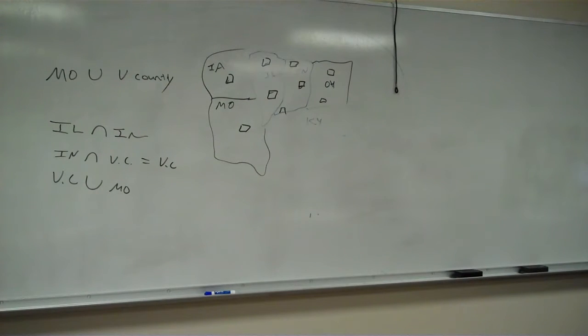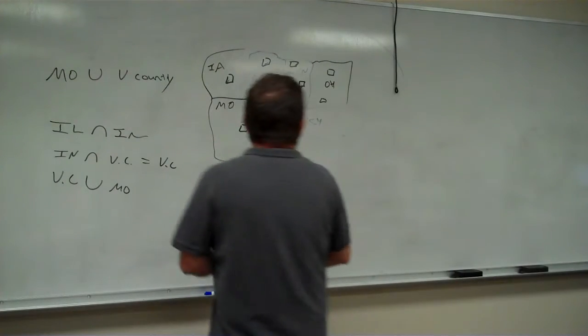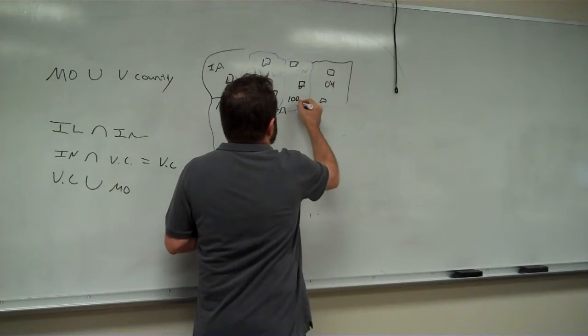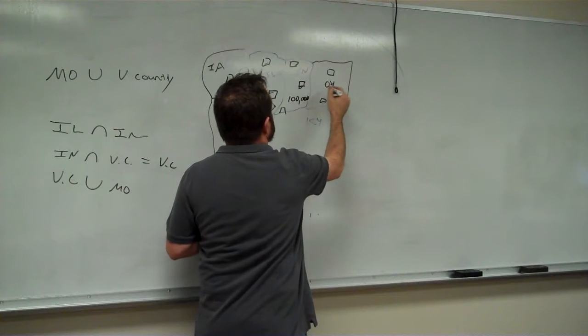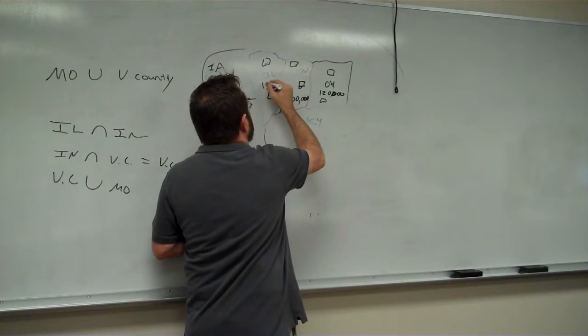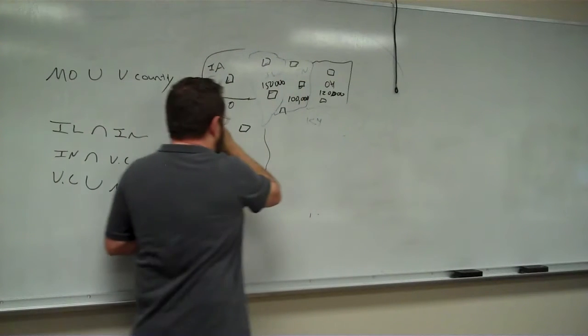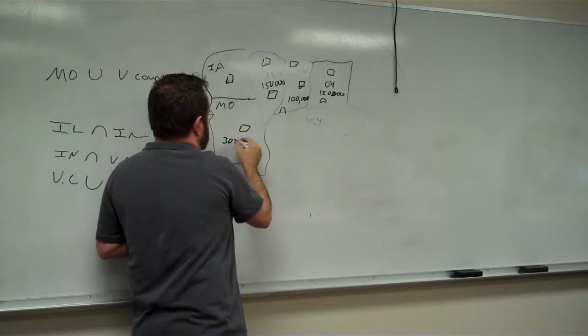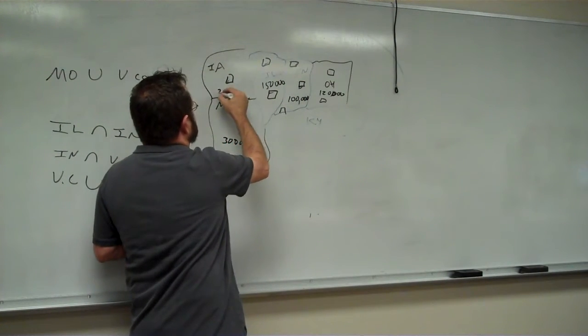Now we aren't yet to probability, but my guess is you've had enough probability in grade school math classes that you would have an idea. For example, if you knew the size of each of these states. So Indiana, let's just use round numbers. Let's say Indiana is 100,000 square miles, Ohio is 120,000, Illinois is 150,000, Missouri is 300,000, and Iowa is 200,000.